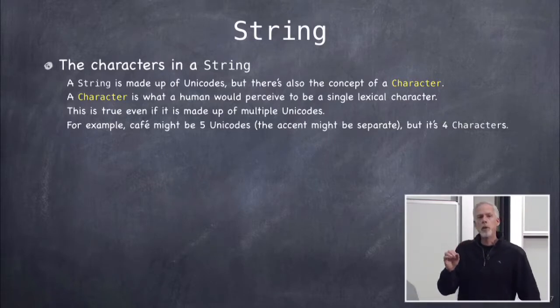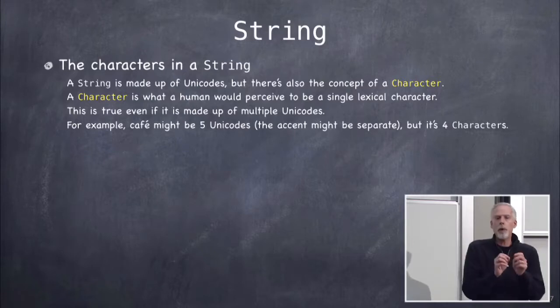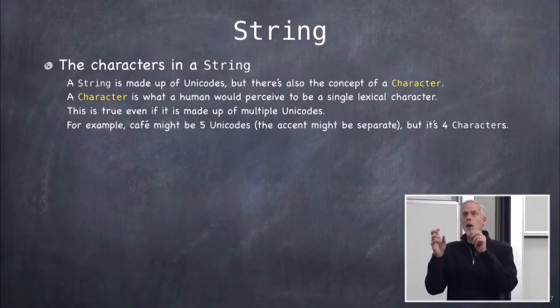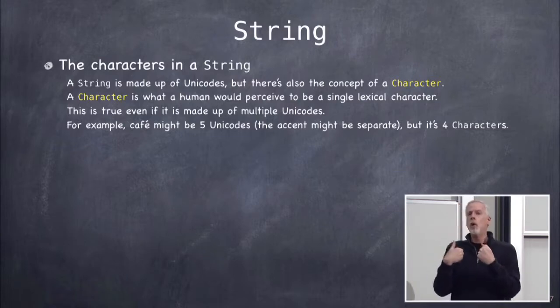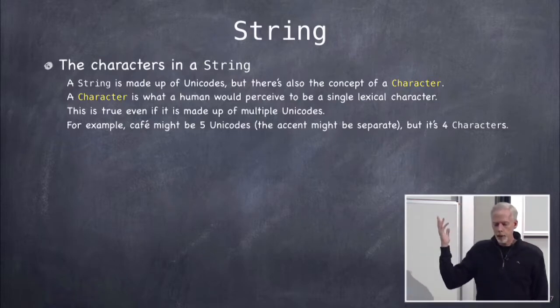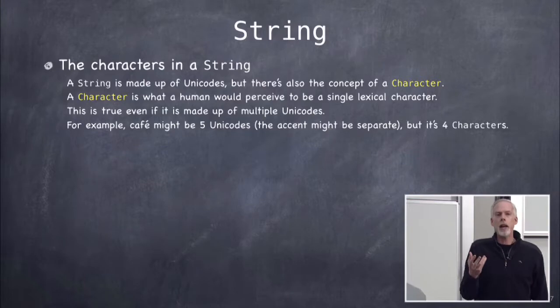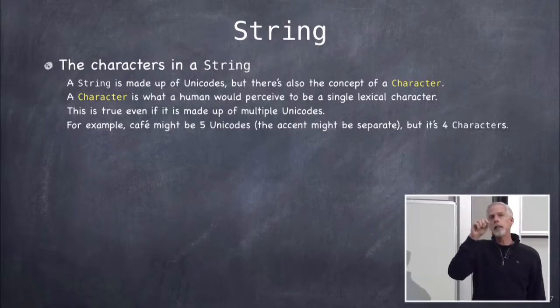But the thing about Unicodes is it's not one Unicode equals one character. In fact, if you have like a little emoji of a dog barking, that might be 3 Unicode characters, is one what you perceive to be a character. Or even more simply, the example I have here, the word cafe. It's got accent aigu on the end, right? It's a French word, accent aigu.